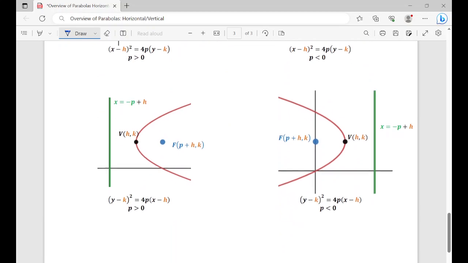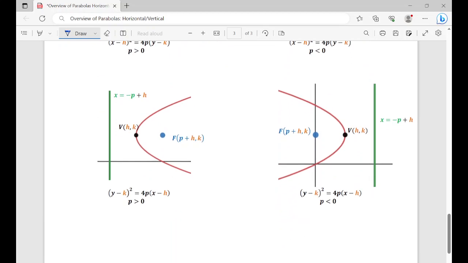Now if it's horizontal, still going to be the exact same thing. You're going to have your equation y minus k all squared equals 4p times the quantity x minus h. So h and k are again your vertex, but this time they've kind of switched positions. Make sure you know that the h is always going to be where the x is, and k is always going to be where the y is.